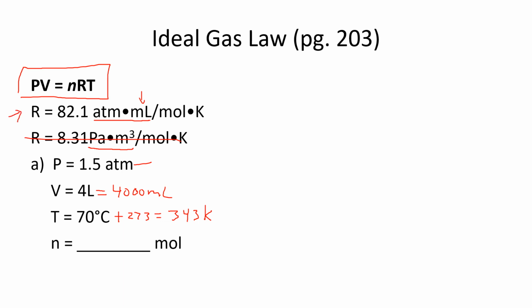So let's plug and chug. So P is 1.5 atmospheres. Volume is 4,000. N is what we're solving for. Our R value is 82.1. And our temperature is 343. So all we do is solve for N. So we're going to divide both sides by 82.1 times 343.